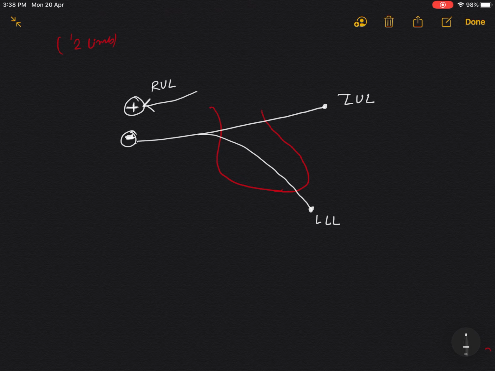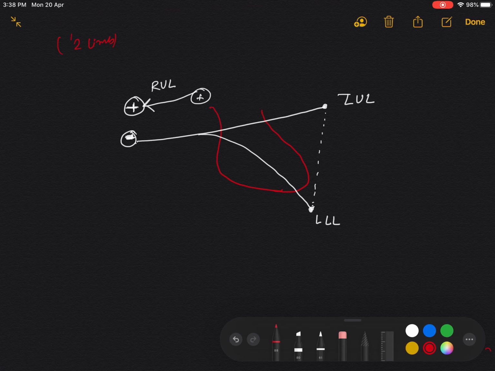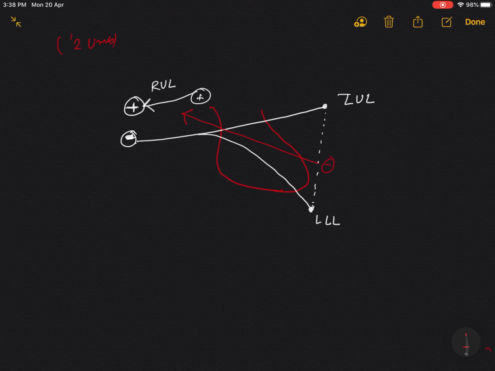So this is the direction of the actual vector, from negative to positive.